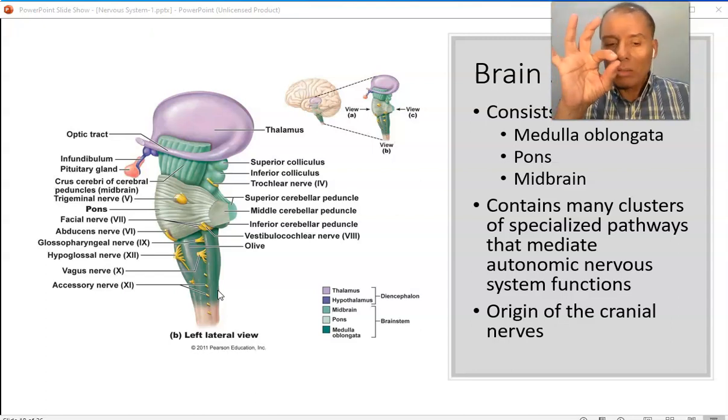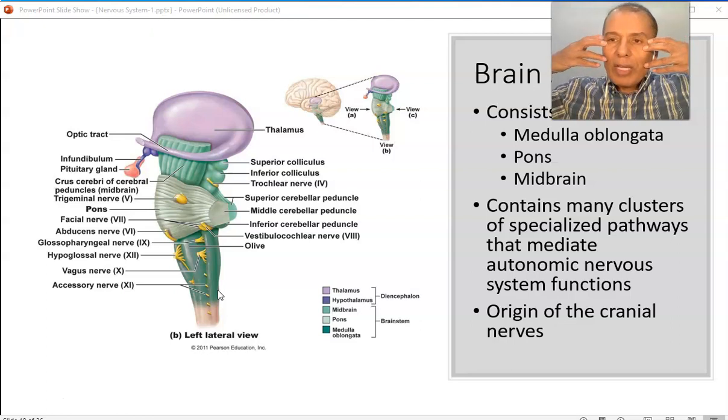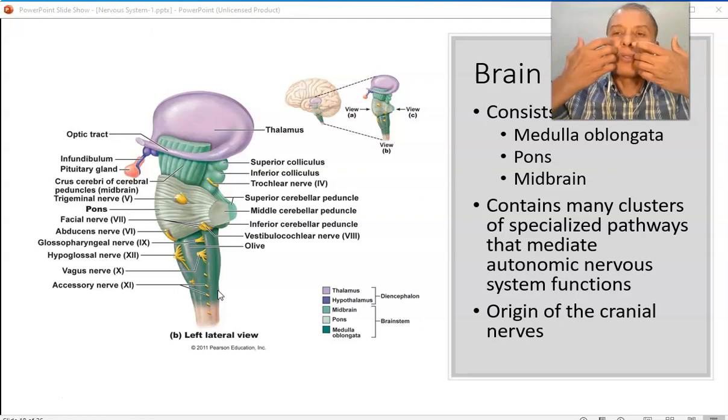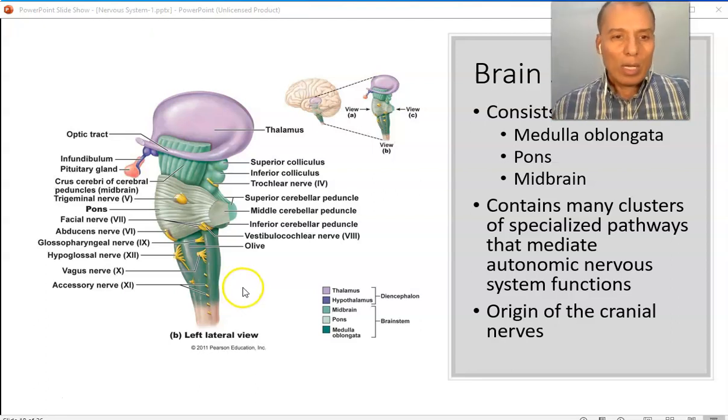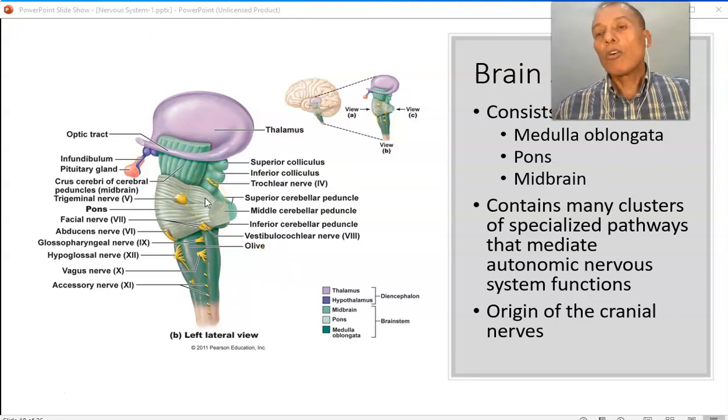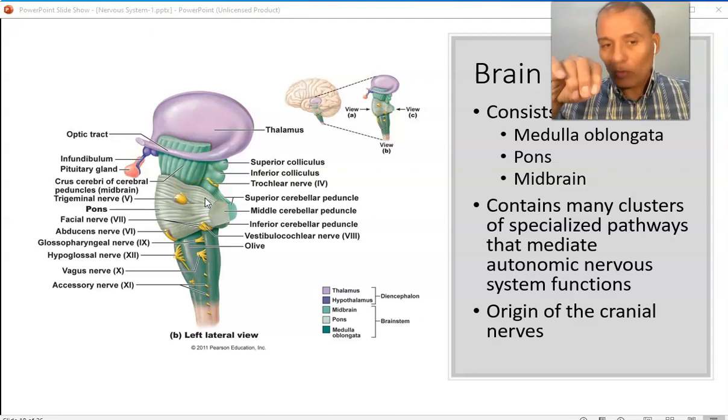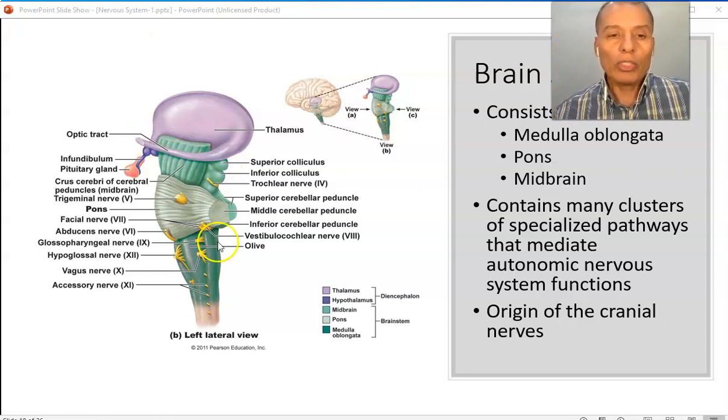The rest of the nerve exits the skull and connects to the face, the inside of your mouth, your pharynx, the neck, the shoulders, and inside of the trunk. Only the roots originate inside of the skull along the brain stem, and there are 12 of them on each side.